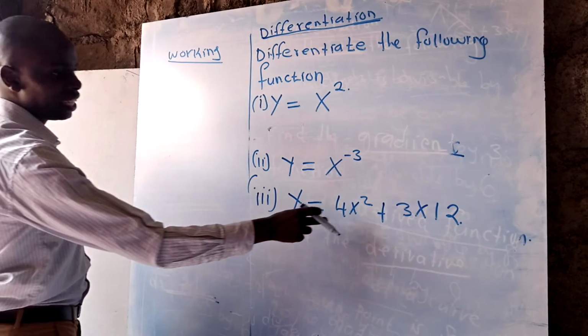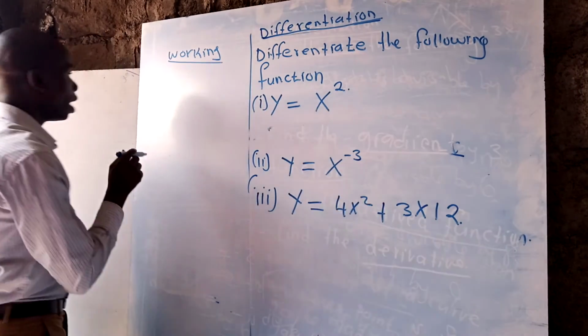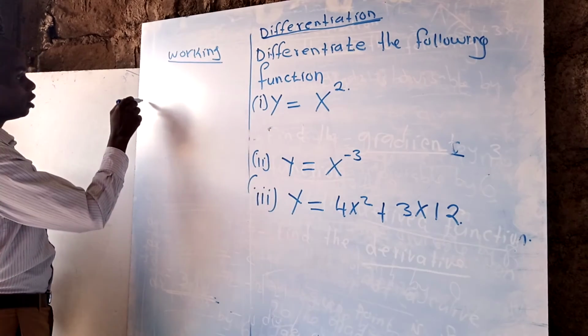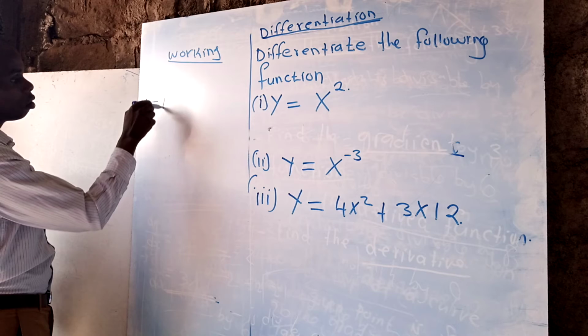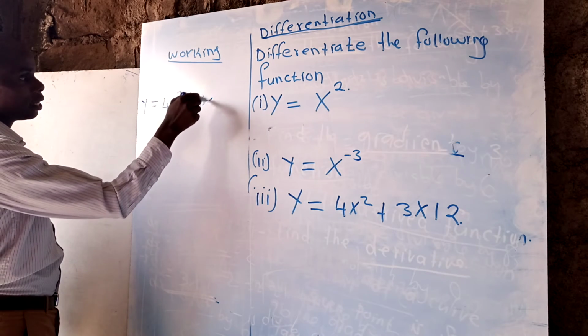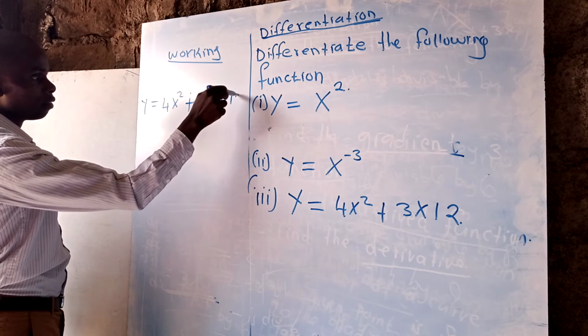So we want to find the gradient function of this. Let us have first the function. The function is y is equal to 4x squared plus 3x plus 12.